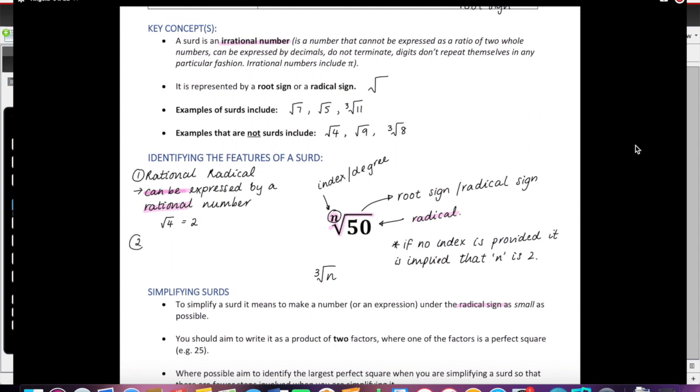The second category we have is called irrational radicals. This is when a number cannot be expressed as a rational number.